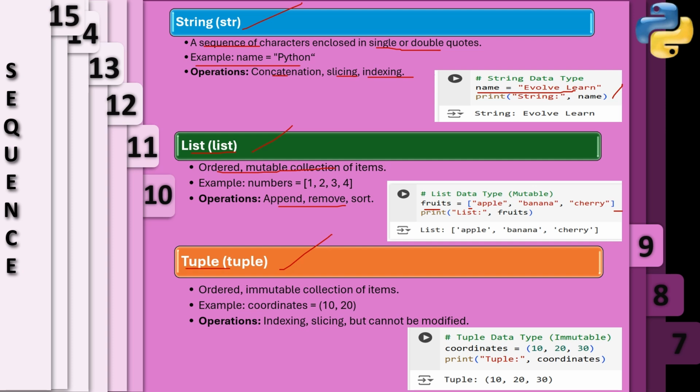Advancing to tuples. Tuples are ordered and immutable, unlike lists, meaning once they are created, they cannot be modified. Tuples are defined by enclosing the elements in parentheses. As you can see in this example, coordinates, the elements are separated by commas and enclosed in parentheses.